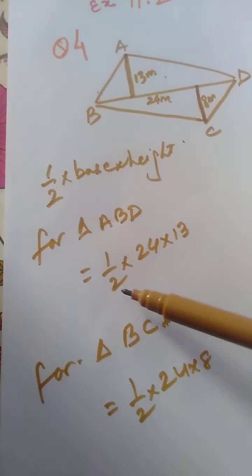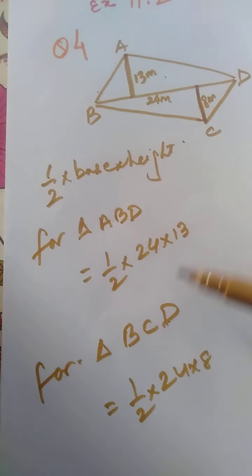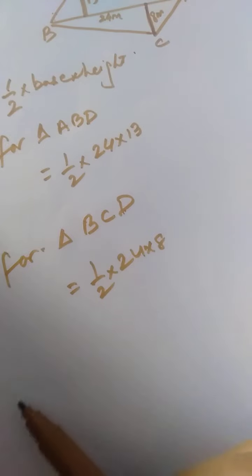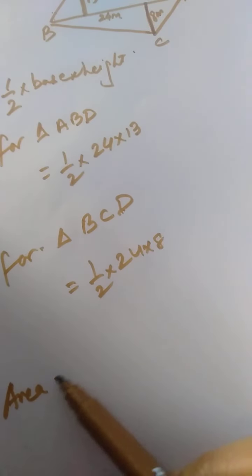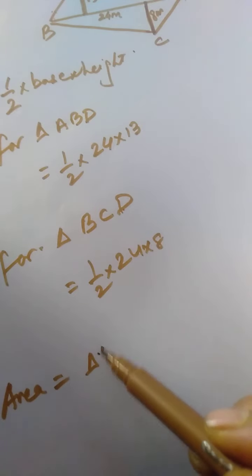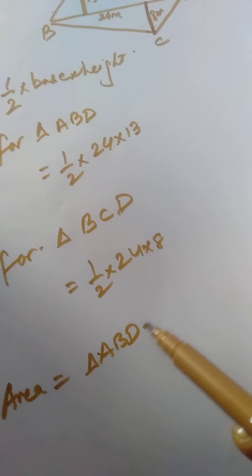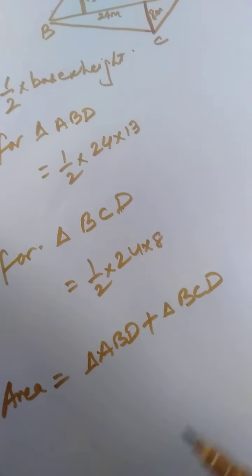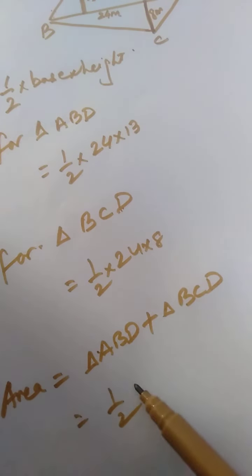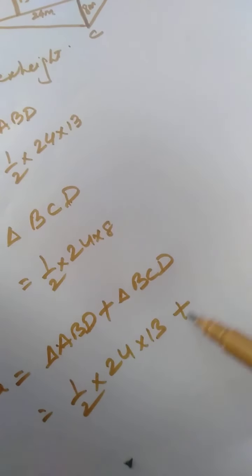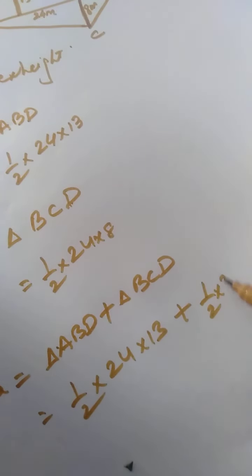Now you can see that half into 24 is common in both, and the quadrilateral area is triangle ABD plus triangle BCD. So half into 24 into 13 plus half into 24 into 8.